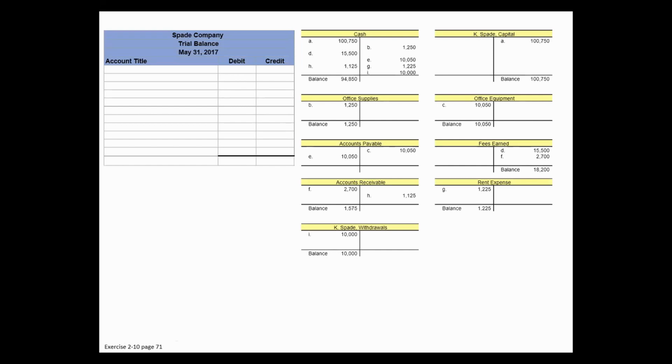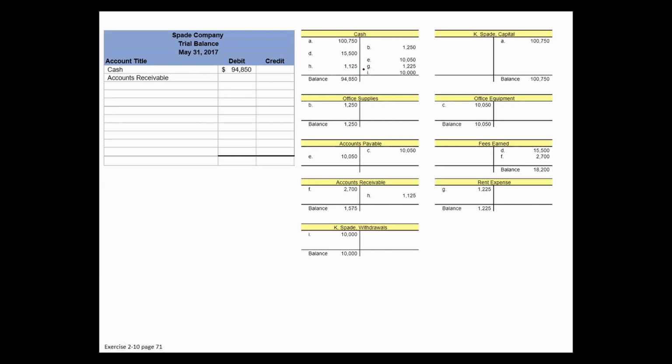So we have the Spade Company trial balance, and the date is for the month ending May 31st of 2017. You have the account title and then debit and credit. First we'll list our assets. So we have cash, and we had $94,850 in cash. I'm just going to go ahead and ink, but that may be a problem.